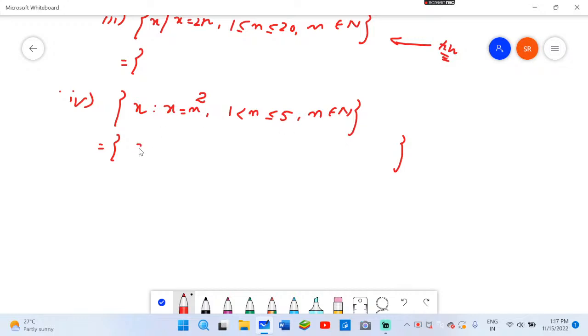So 2 square, then 3 square, then 4 square, then 5 square. This becomes the set. If you wish, you can write their values also: 2 square is 4, 3 square 9, 4 square 16, 5 square 25.